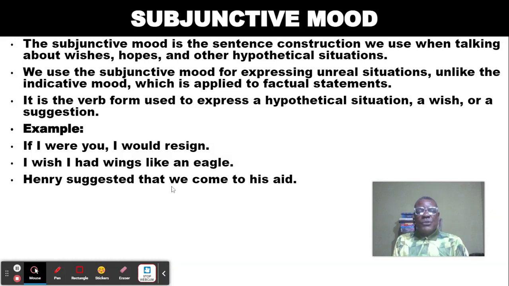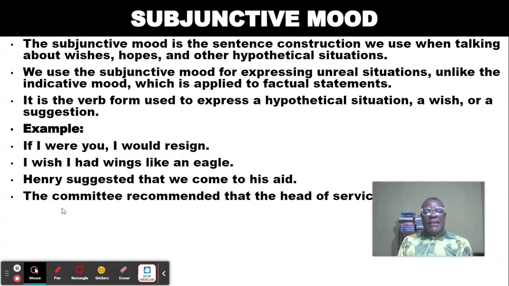So even if we use a third person singular, which ordinarily should take comes, if we say Mary suggested that Rose come to his aid, you cannot say that Rose comes to his aid. It's the same form of the verb, come. So whether the subject is we or I or you or she or he or they, the same form of the verb is used. That's one thing about the subjunctive mood.